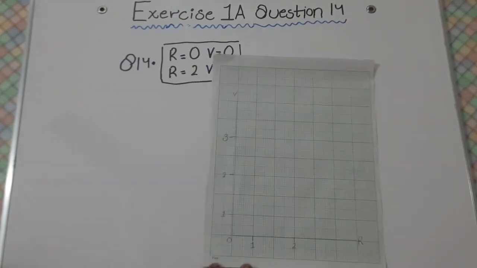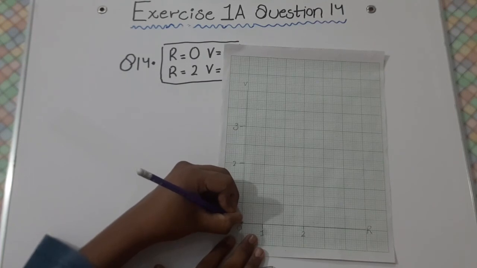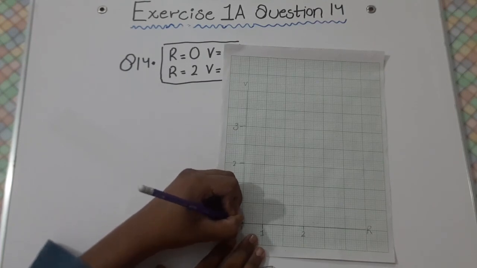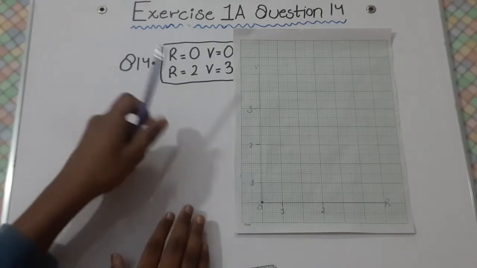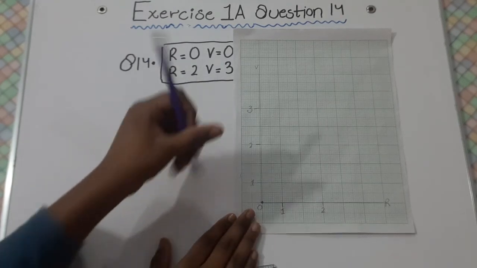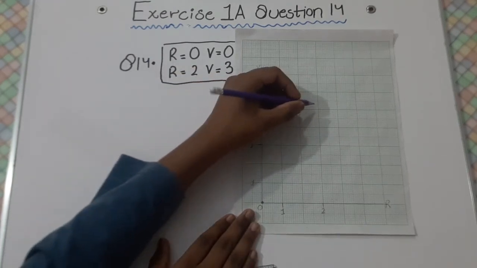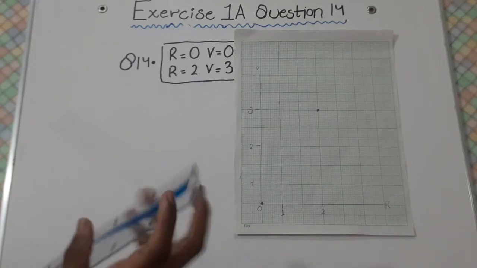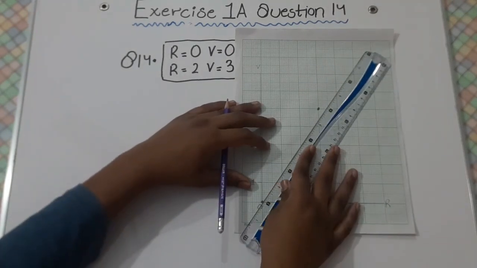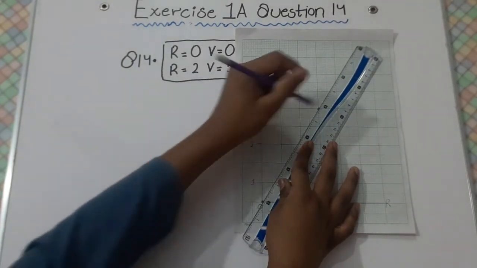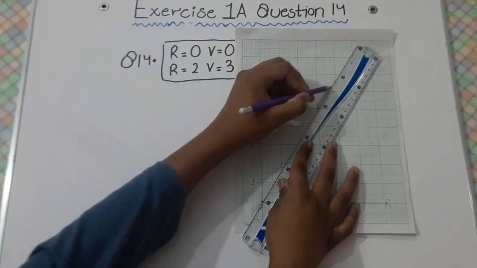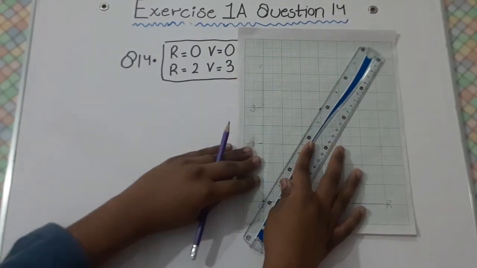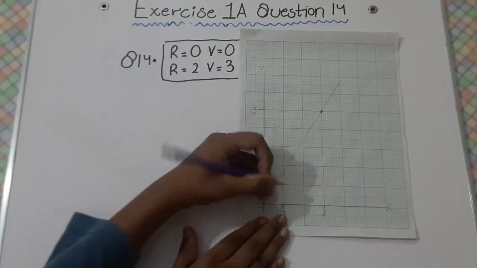The first coordinate is 0 over here. It's going to start from here. And then r is 2 and v is 3. So I have plotted the coordinate over here, and I'm going to draw a line. The graph has been plotted. Let me just label the graph.